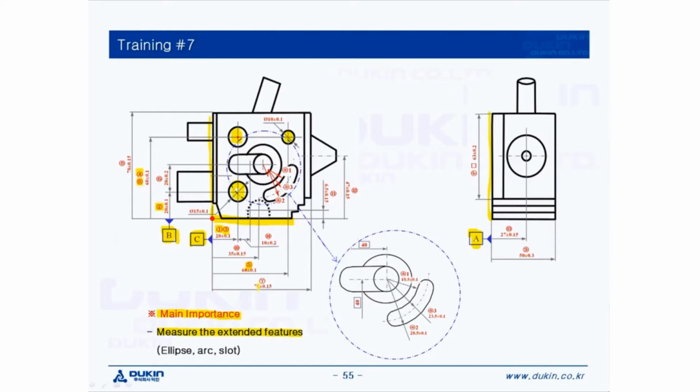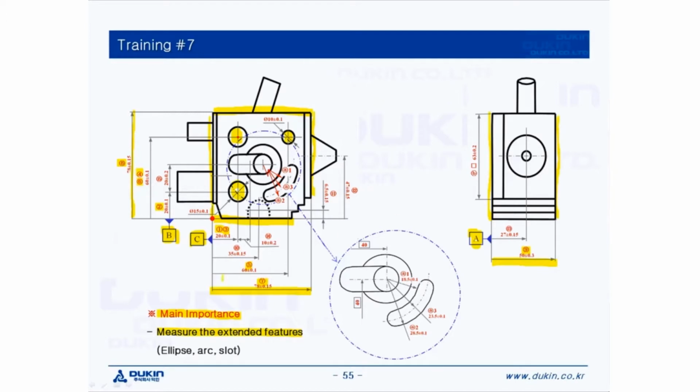Seven is the right surface of the part from the origin. Number 8, rear surface of the part. And number 9 is the bottom surface of the part.